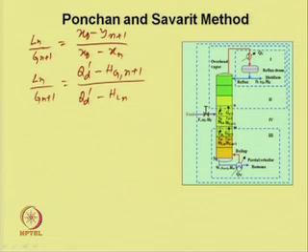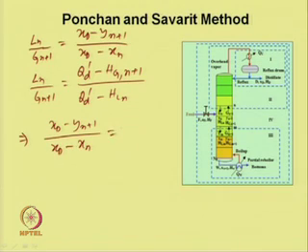So, from these two we can write (x_d minus y_(n+1)) divided by (x_d minus x_n) is equal to (Q_d' minus H_G(n+1)) divided by (Q_d' minus H_L(n)).